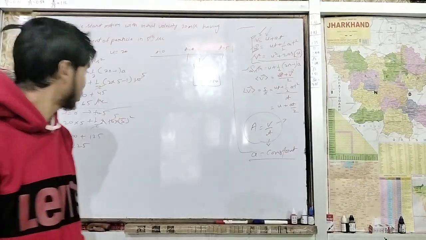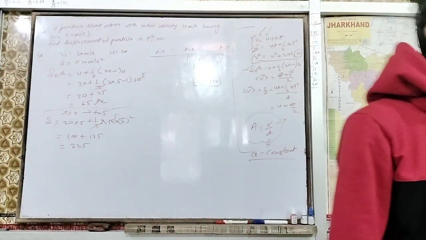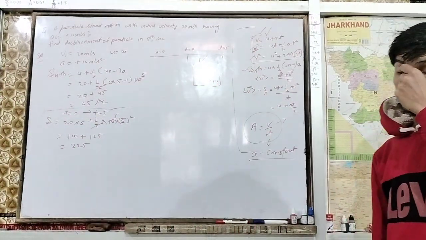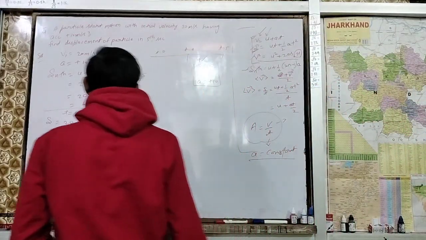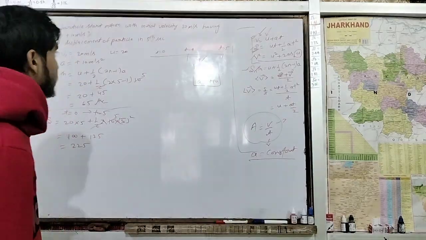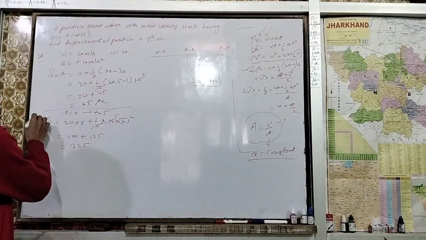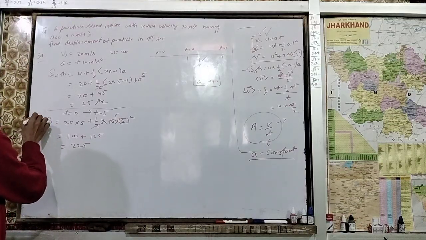225. This is our x2, which means total displacement from 0 to 5 seconds.